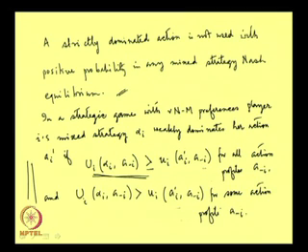Okay, now since we have seen this result that a strictly dominated action is not used with positive probability in a mixed strategy Nash equilibrium, this result can be used to solve games also, that a strictly dominated action is never played with any positive probability in Nash equilibrium.